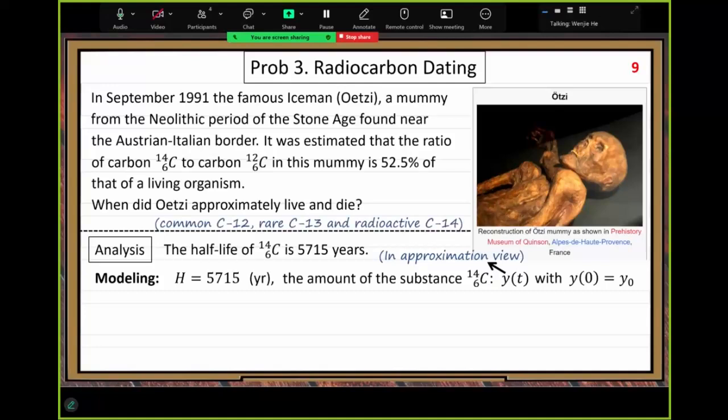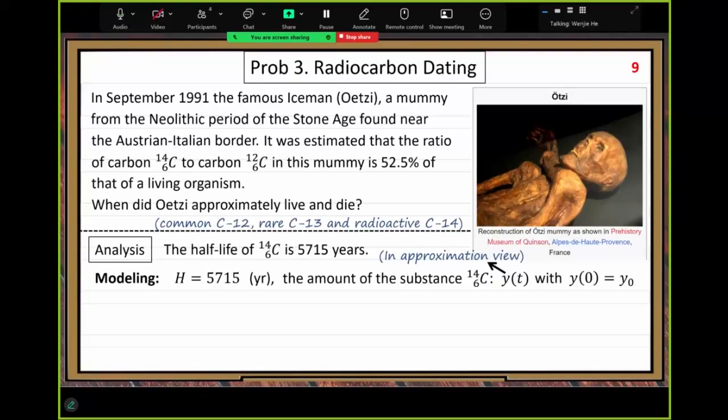Carbon 12 is common. In the human body, most of the carbon is carbon 12, then a small amount of carbon 14 and very rare carbon 13. Very rare, so we can ignore it.